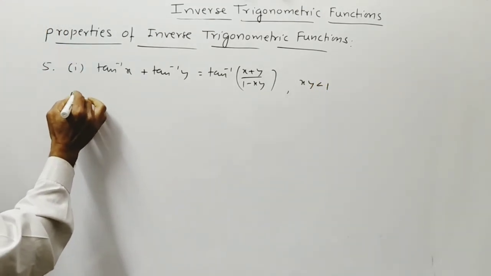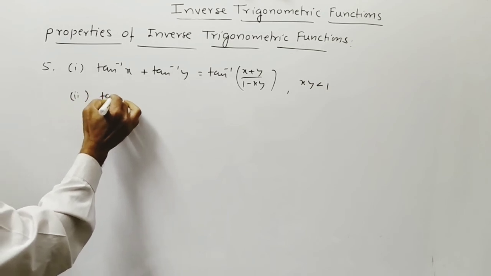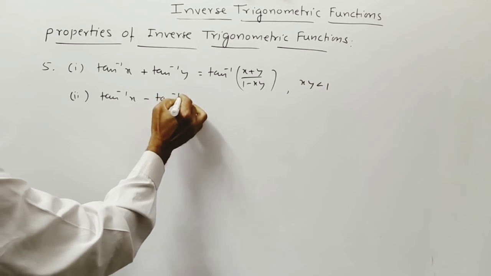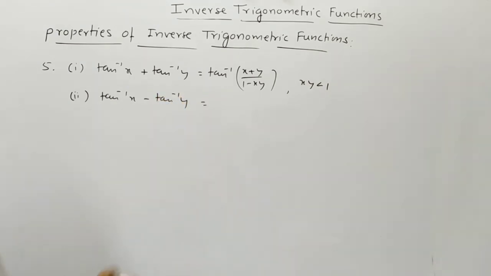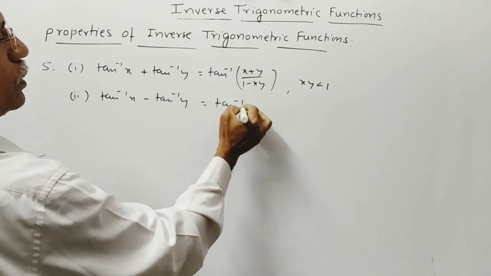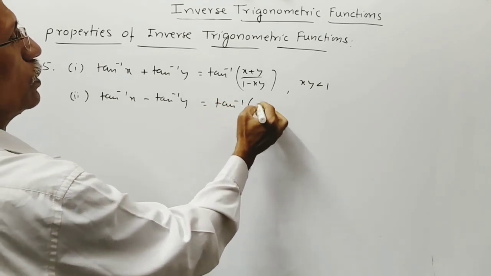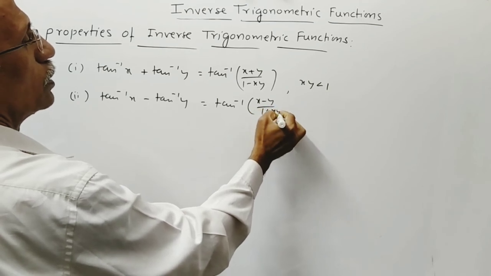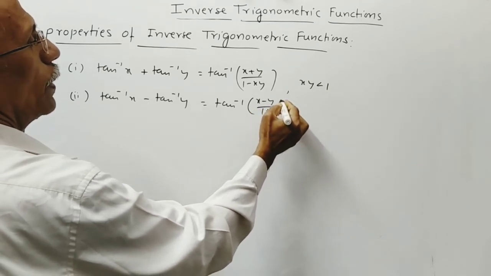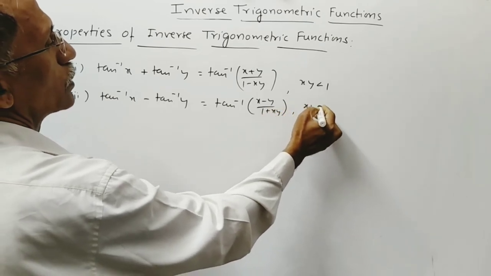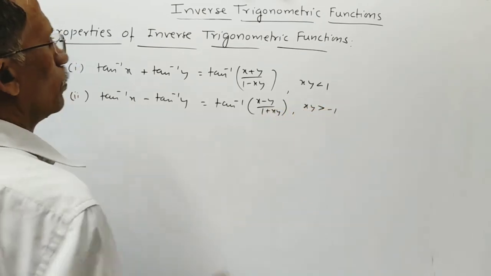Second one, tan inverse of x minus tan inverse of y is equal to tan inverse of x minus y divided by 1 plus xy, when xy is greater than minus 1.